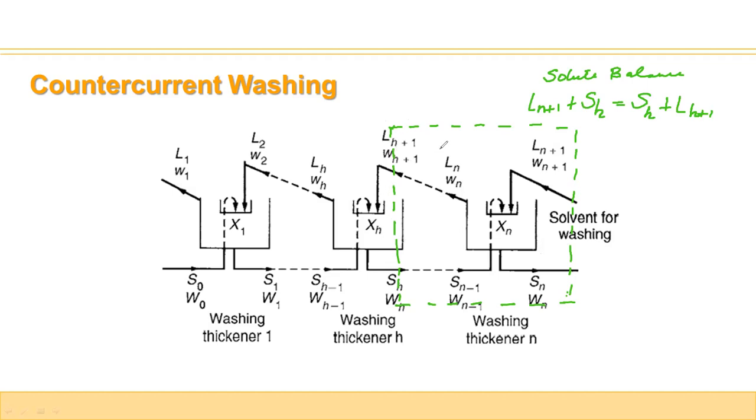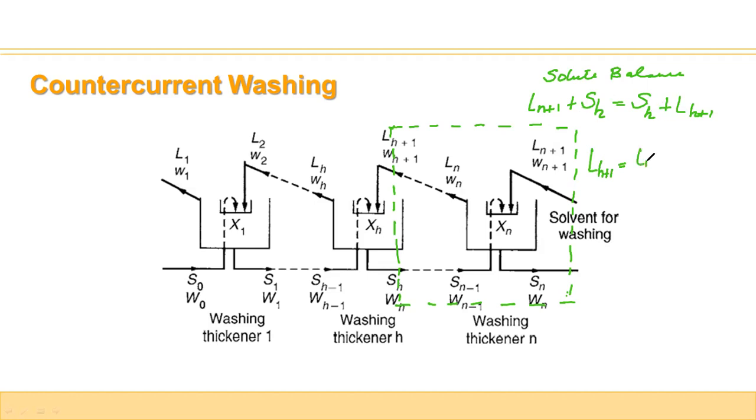That way, we will be able to determine the concentration of the solution leaving the thickener after the H thickener. Okay, so we will do prediction of the concentration. So your L sub H plus 1 is equal to, so we just transfer this one here.